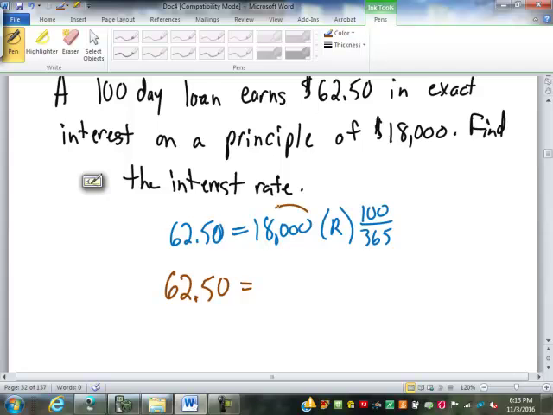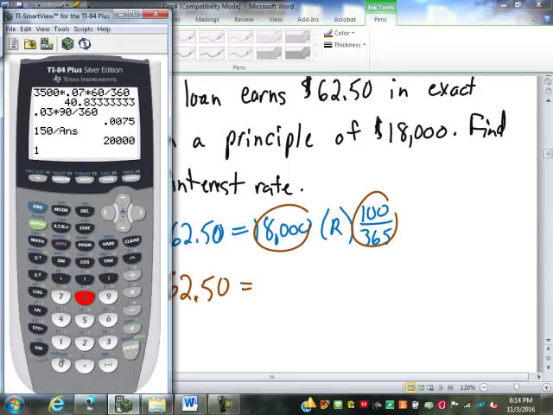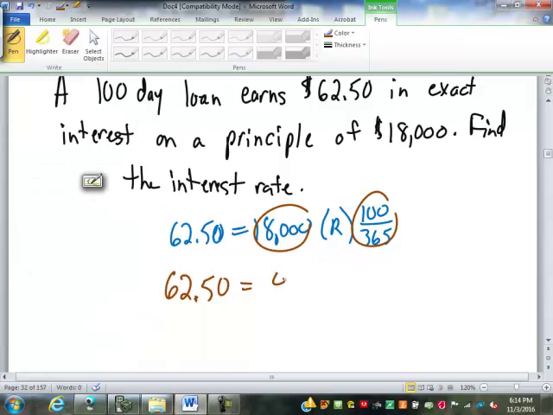So we're going to combine our 18,000 and our 100 over 365. 18,000 times 100 divided by 365. So we got 4,931.506, blah, blah, blah.